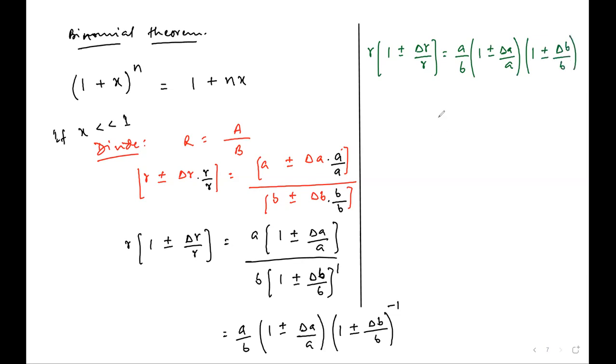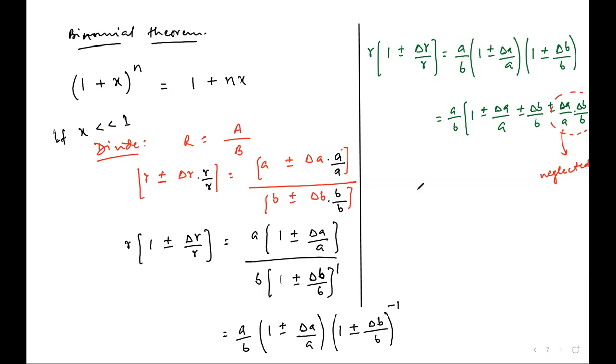So just expand this, you will get A by B (1 plus minus delta A by A plus minus delta B by B and plus minus delta A by A times delta B by B). Now, since this is nothing but multiplication of two small terms, which will give you a further smaller value, it will be neglected.